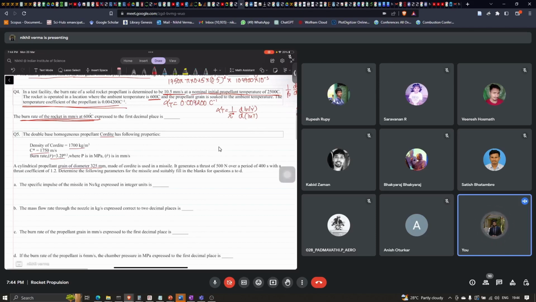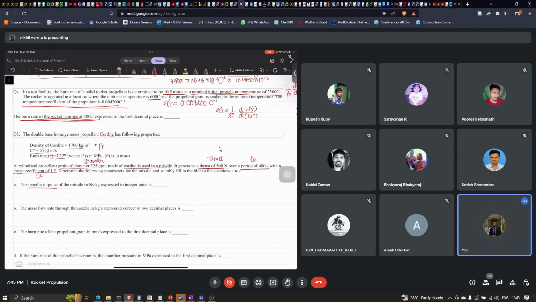It is given that cordite is used in missiles, and it creates a thrust of 500 newtons over a period of TB. This is the thrust, this is the diameter, and this is the C star and the density of the propellant. The coefficient of thrust is also given, and it is asked what is the specific impulse for the missile.